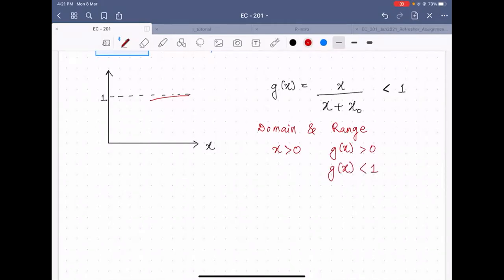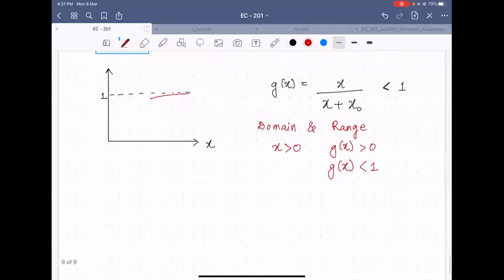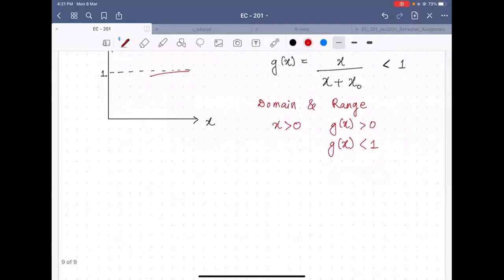Because we know that it's greater than 0, the function should lie somewhere between here, right? It has to reach this point. So now the next question is, how would this rise be? It could be like this, it could be like somewhere like this, it could be like somewhere like this.